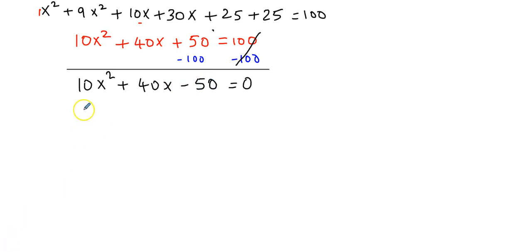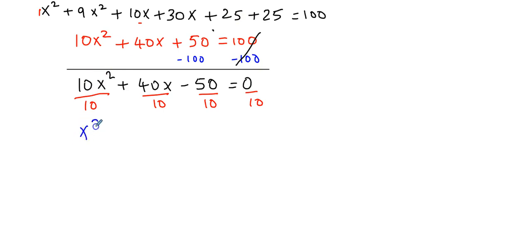So now I will divide. We can divide every term by 10 because 10 is the greatest common divisor. I'll divide by 10, divide by 10, divide by 10, and the right hand side also by 10. So 10 and 10 cancel off.